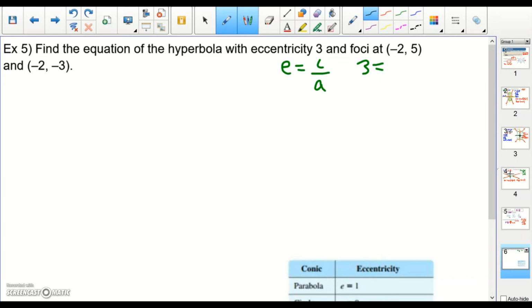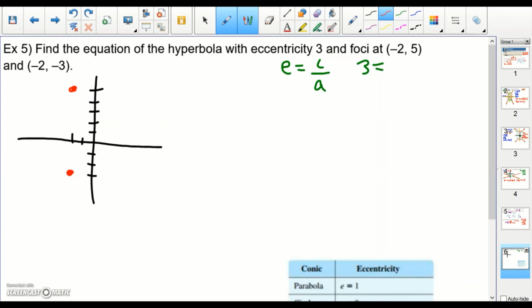So what I might do is try to imagine what this looks like and what these points are doing. If I go to the first focus point at negative 2, 5, 1, 2, 3, 4, 5, I know there's a focus point right there. And negative 2, negative 3, there's a focus point right there.